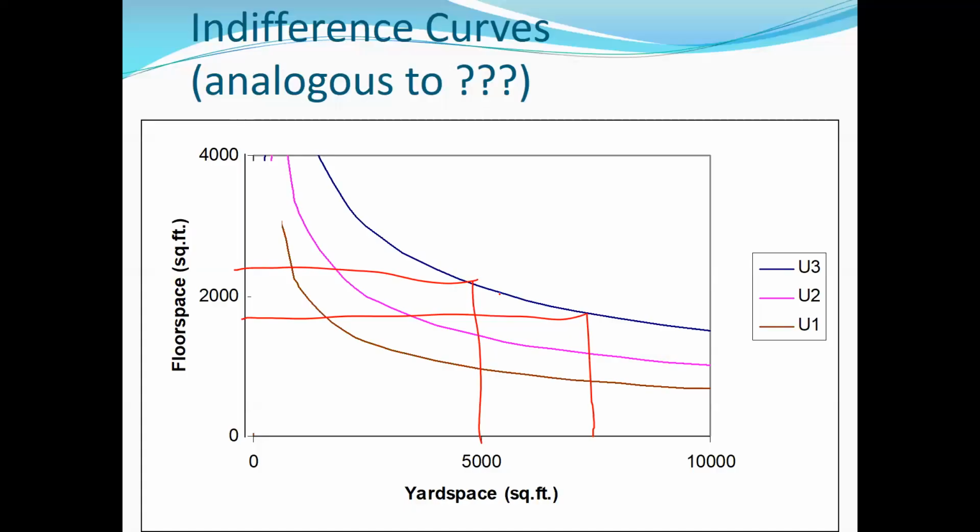Okay, so I got one response which was correct, so that's good to know, but not more than one, which was not great. But in any event, yes, we did have a curve like this in the production theory. An indifference curve has the same utility, and in the production theory we had what we call the isoquants. Isoquants mean they produce the same exact quantity of output at different combinations of labor and capital.